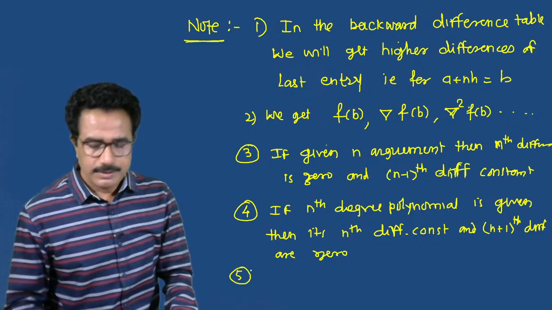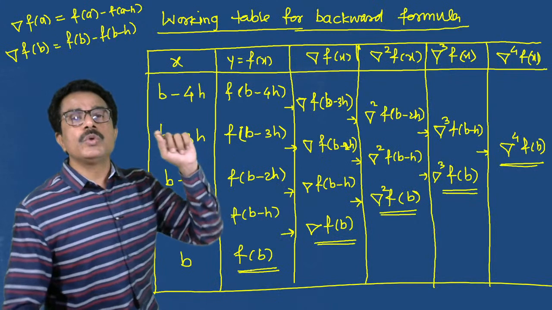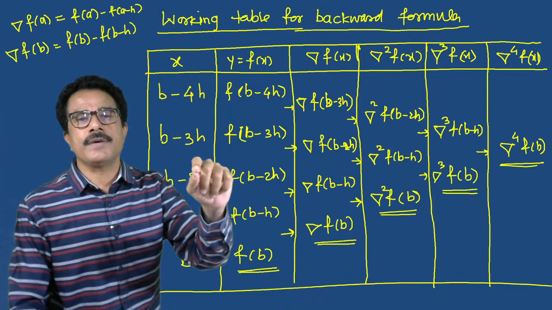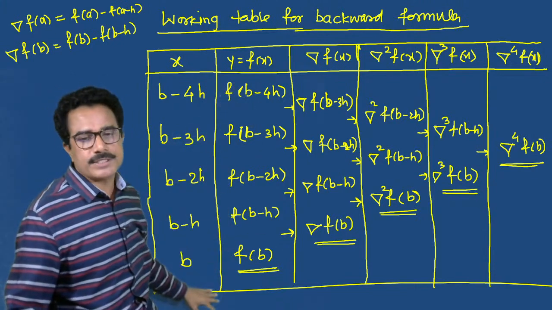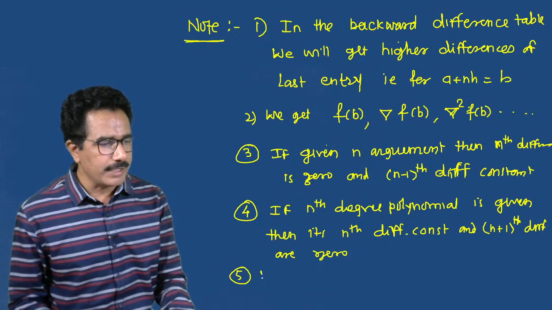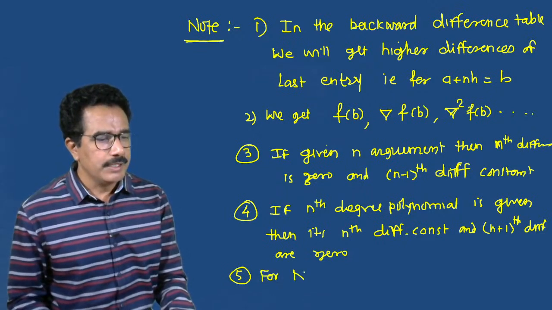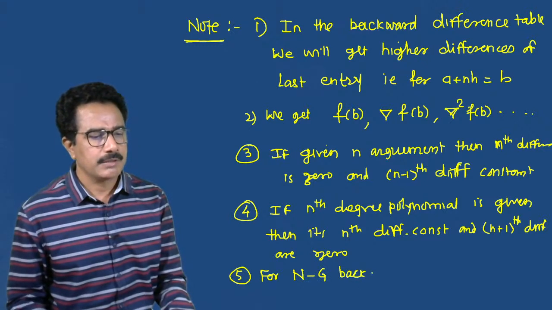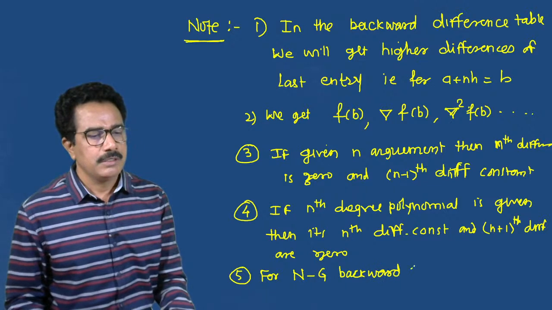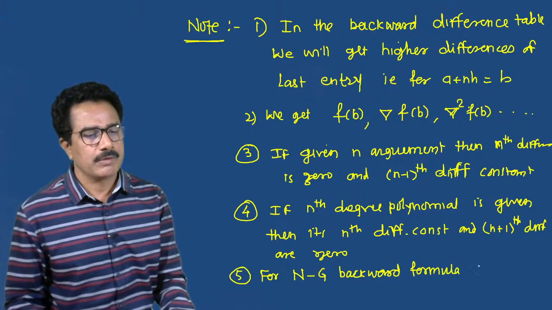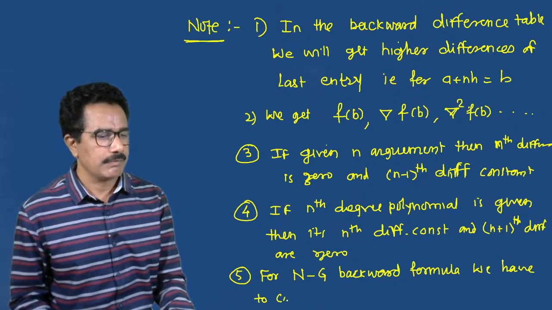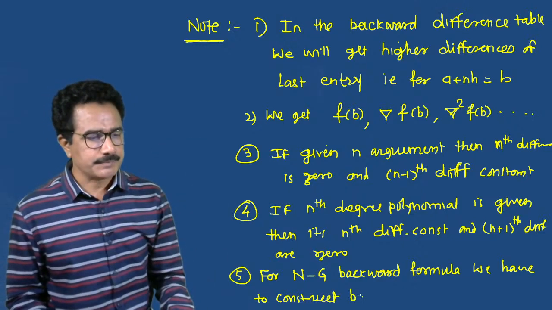Now fifth: to use Newton's Gregory backward interpolation formula, we have to construct the backward difference table.